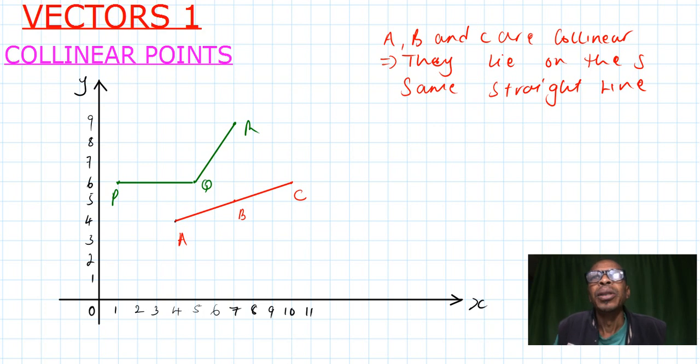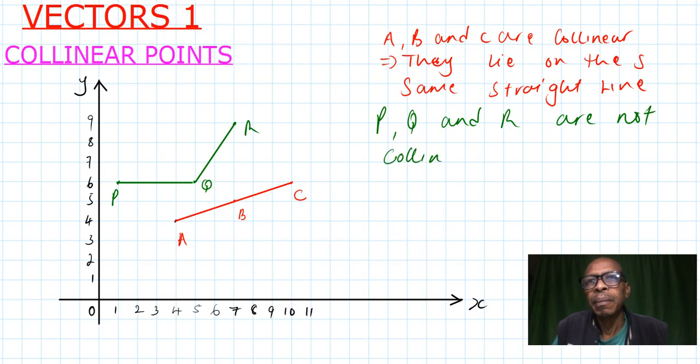So we say P, Q, and R are not collinear. That is what we mean by collinear points: points that lie on the same straight line.